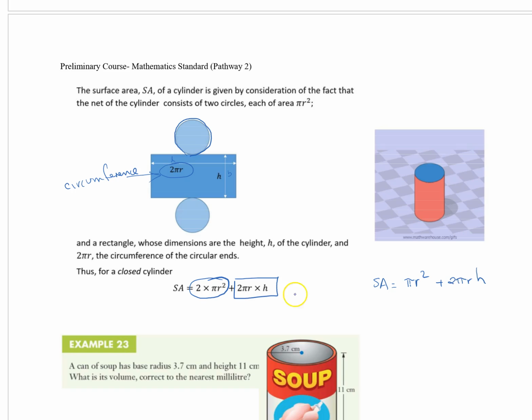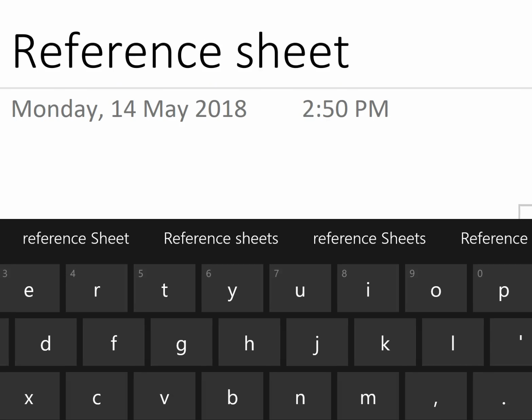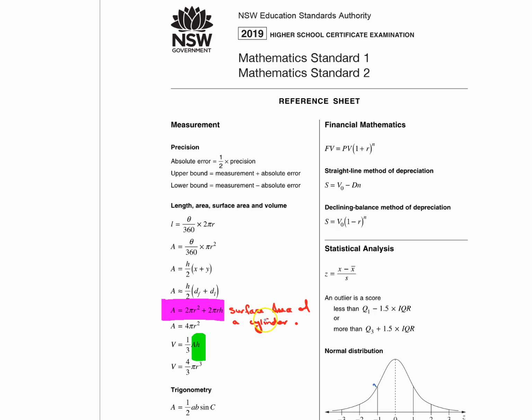It doesn't look exactly like this on the reference sheet. As you can see here, they've left the multiplication signs out, but I'm sure that you know that between the 2, the pi, and the r squared, just like in this section of the formula, between the 2, the pi, the r, and the h, there are multiplication signs.